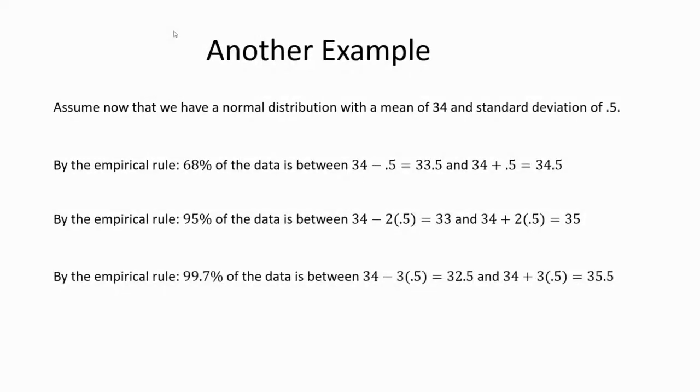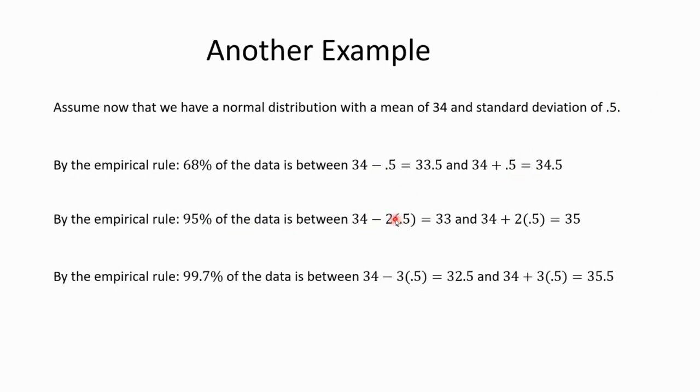Again, we can use the empirical rule to see where most of the data is. So for instance, if the mean is 34 and the standard deviation is 0.5, then 68% of the data is between 34 minus a half, which is 33.5, and 34 plus 0.5, which is 34.5. 95% of the data is between 34 minus 2 times 0.5 and 34 plus 2 times 0.5.